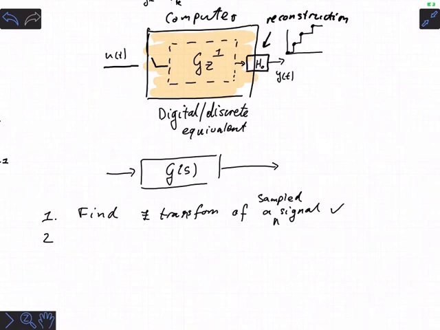And I could specify that in three ways. I can give you f of t, I can give you f of s, or I can give you effectively a sampled version of f of t in the form of a spreadsheet.